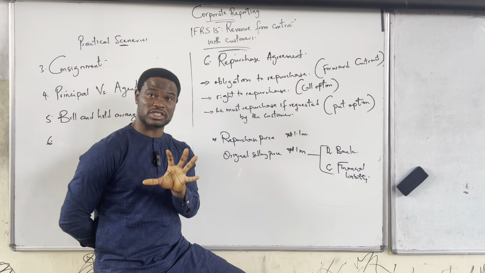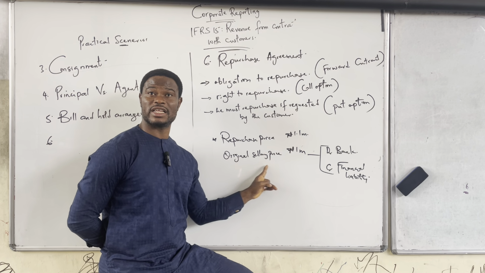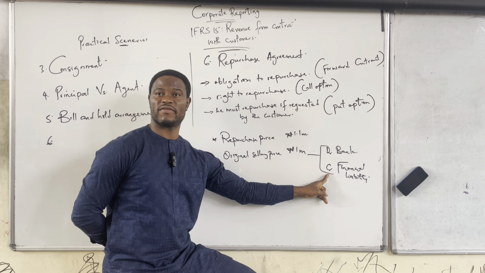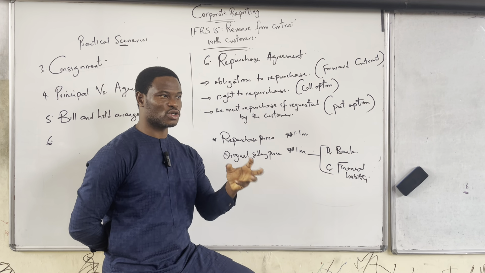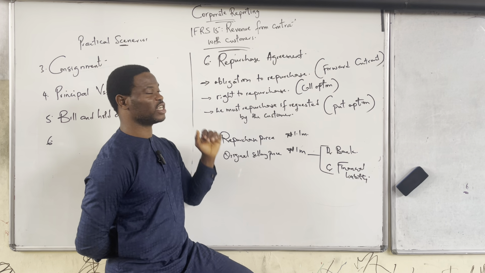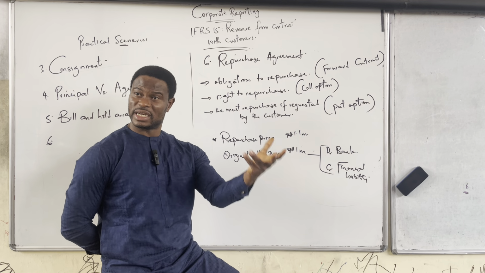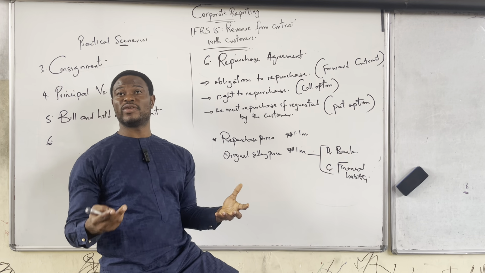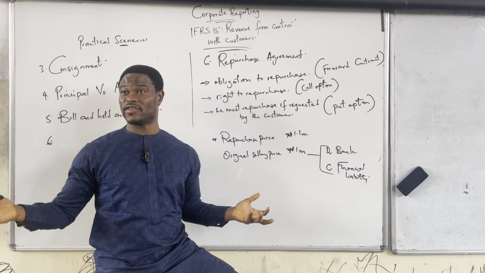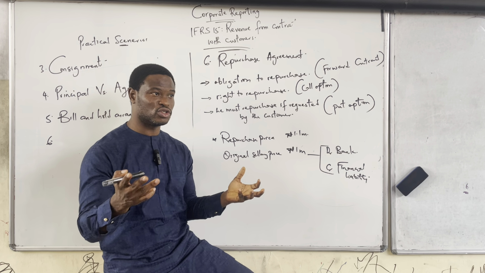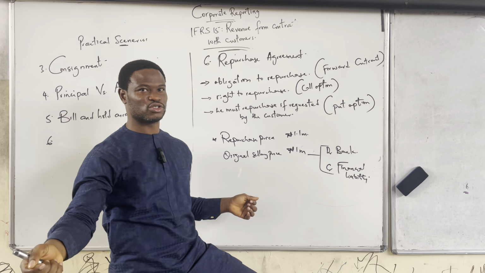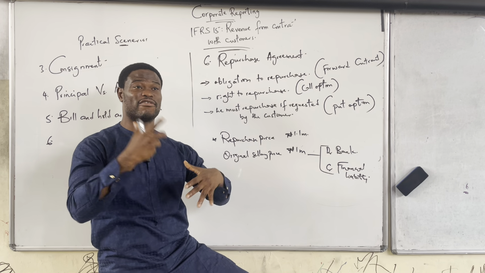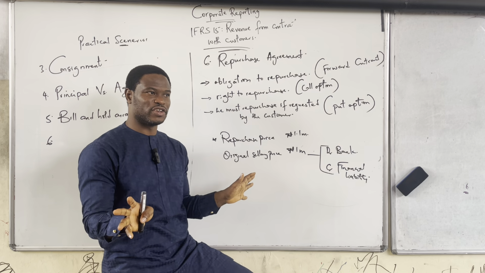So now, look at it. I just want to show you the process. The original selling price is 1 million. You debit bank, you credit financial liability. So the date for repurchase came. The person returned the goods. That one is not a problem because the inventory never left your books in the first place. Even though you have sold, you did not transfer control. So you will not take the inventory, or whatever asset you have sold to that person, out of your books.